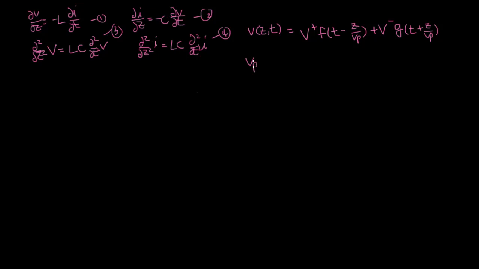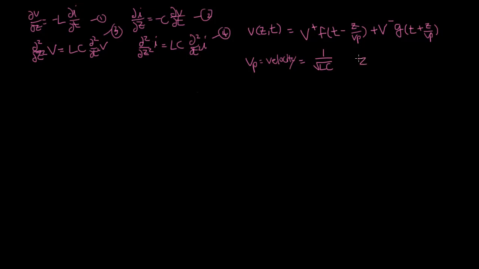Now this vp is a propagation velocity. You can see that because vp is a factor that represents the time and the location of a particular point in phase. If we plug this in and do some math, you'll see that the propagation velocity is equal to 1 over the square root of LC.